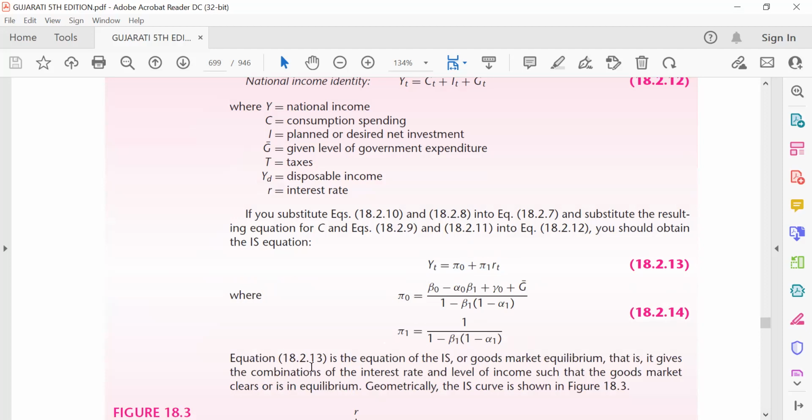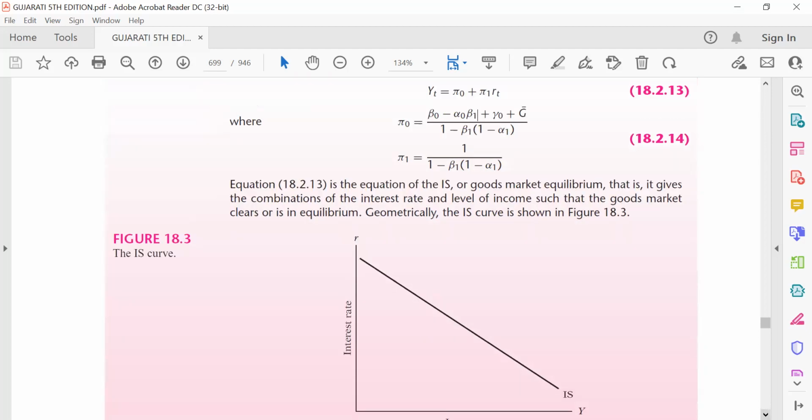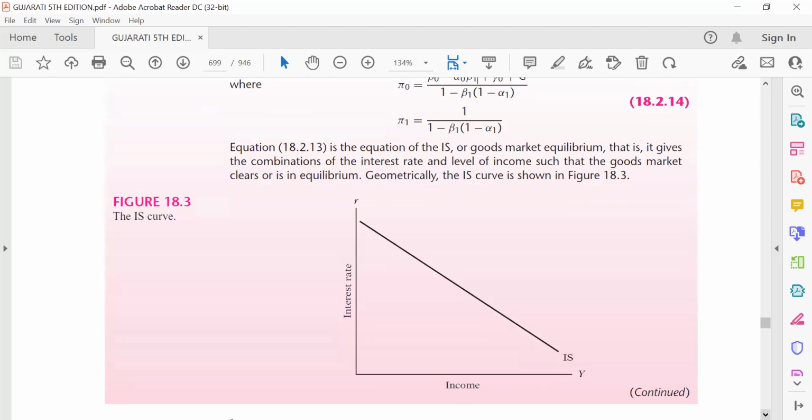Equation 18.13 is the equation of IS, or goods market equilibrium. It gives combinations of interest rate and level of income. We can draw this graph for the IS model like this, figure 18.3.